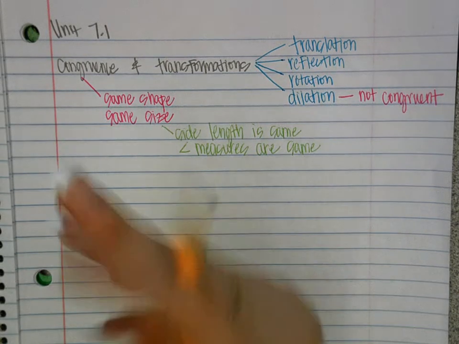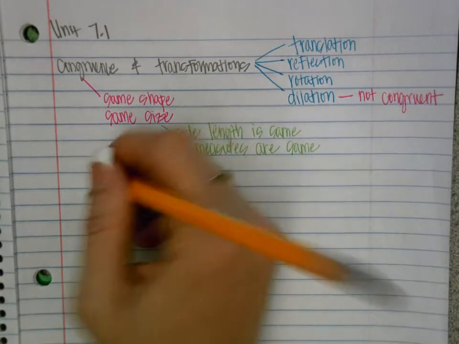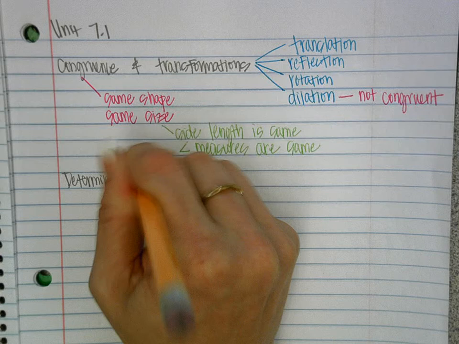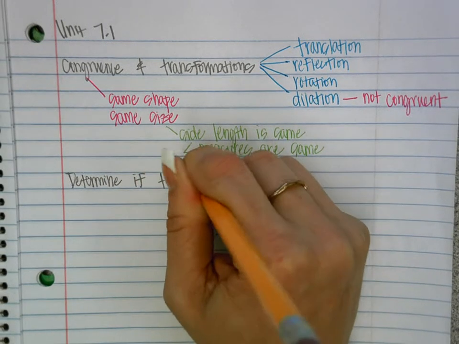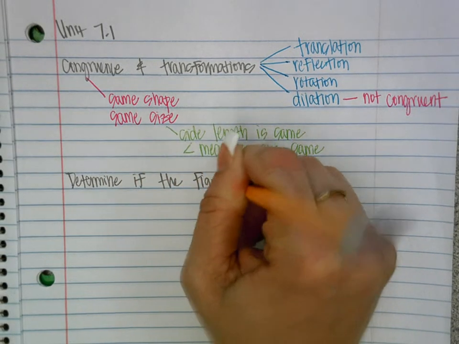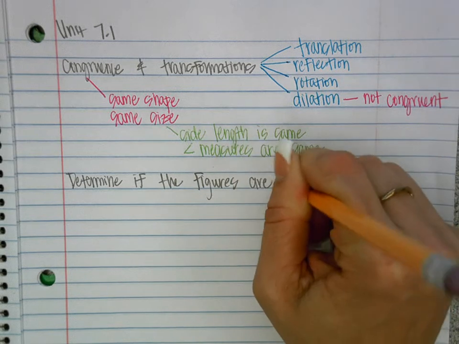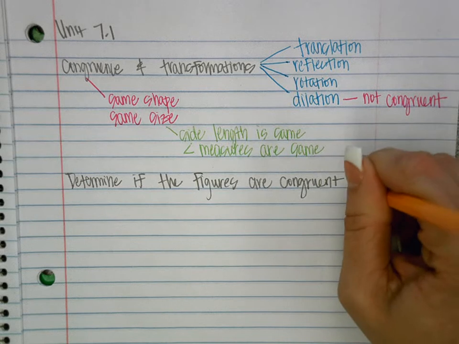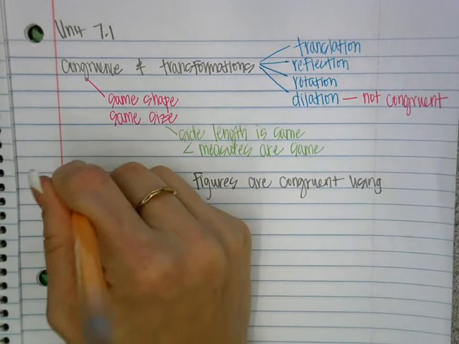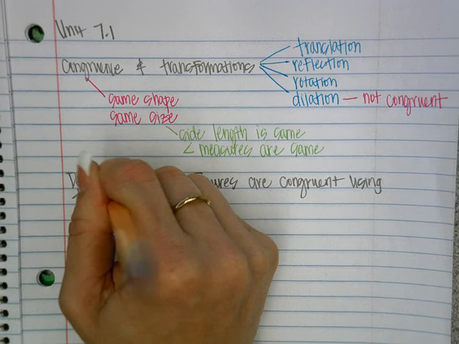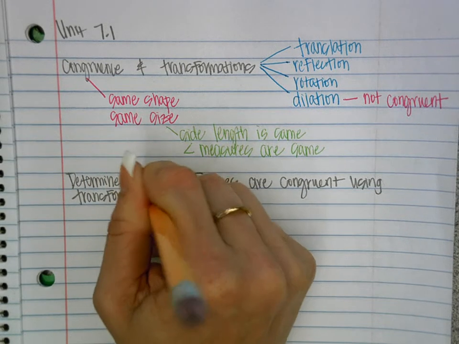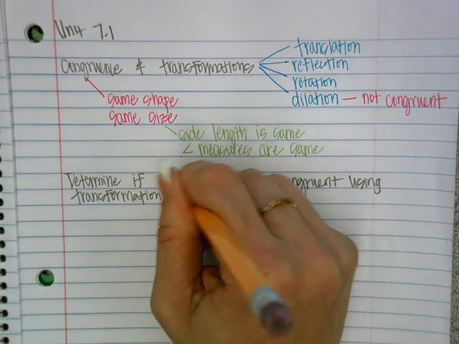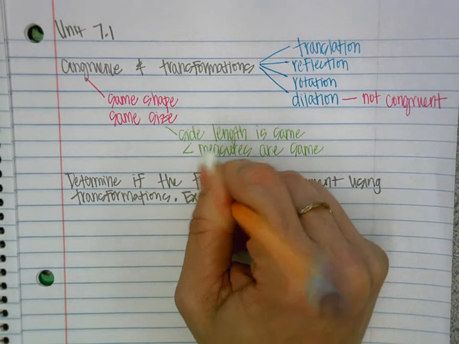For all of them, we're going to say: determine if the figures are congruent using transformations, and then explain your reasoning.